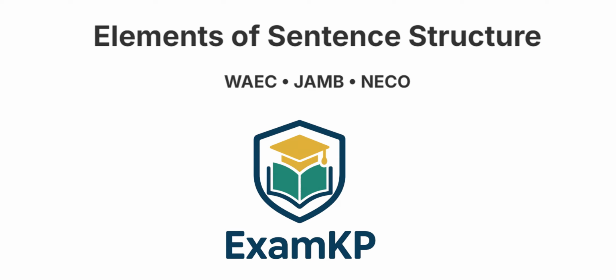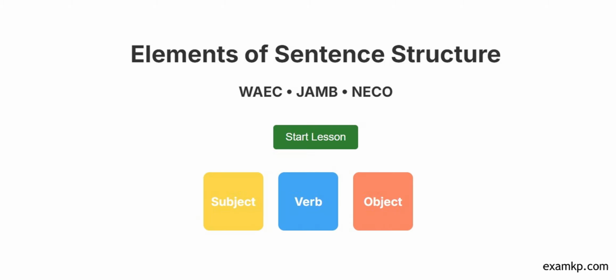Today, we're diving into elements of sentence structure. These are the very building blocks that make every sentence work, and understanding them will help you write clearly and score high in your exams. Let's begin. So what exactly are the elements of sentence structure?